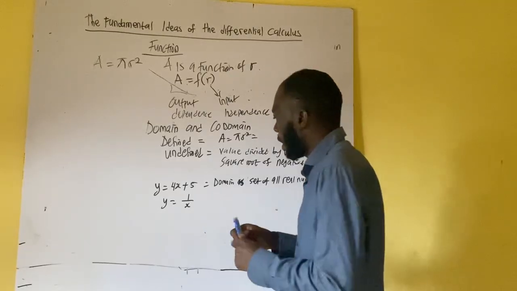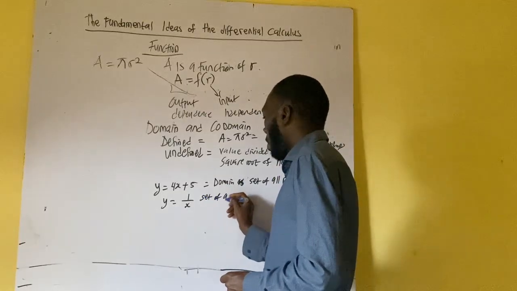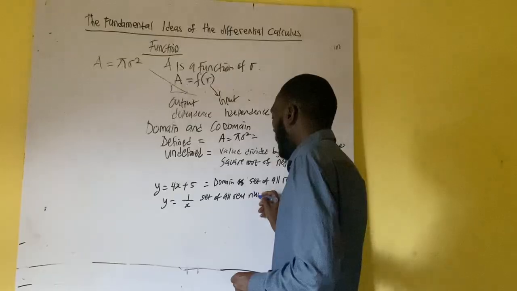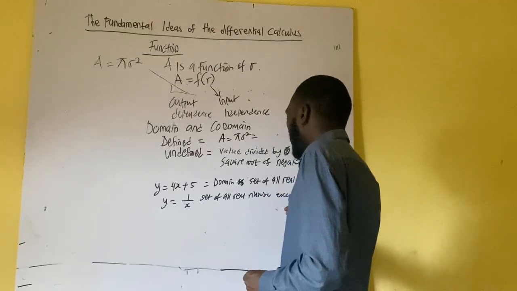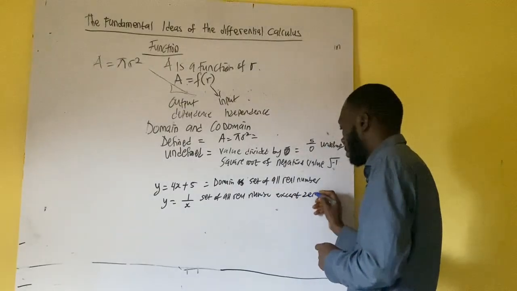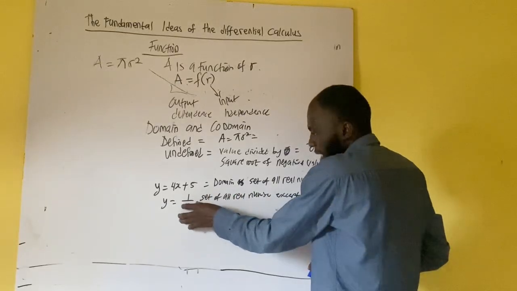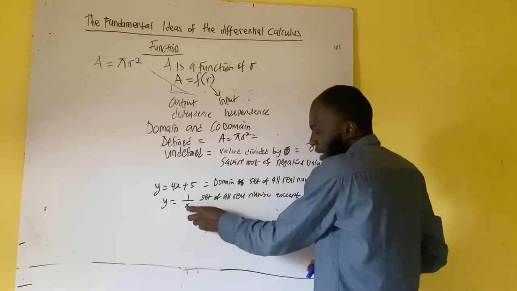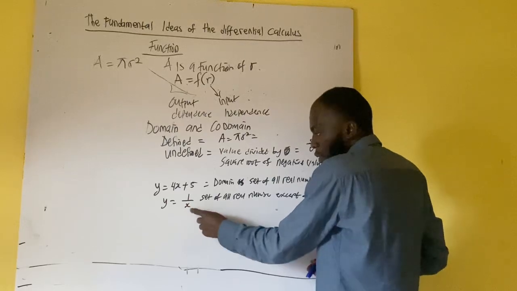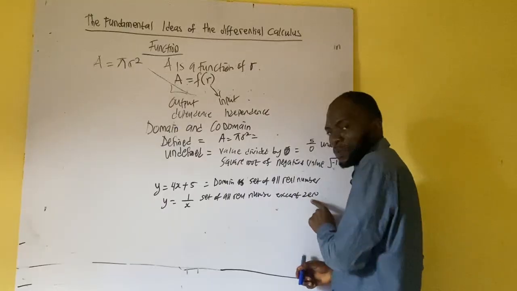The domain of this one will now be the set of all real numbers except 0. So the domain, what I can input here, is that I can put any number there except 0. Are you with me?